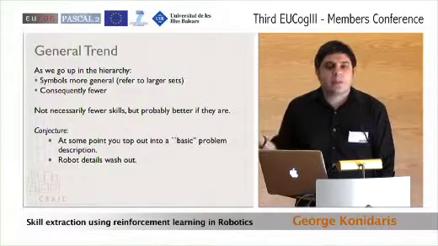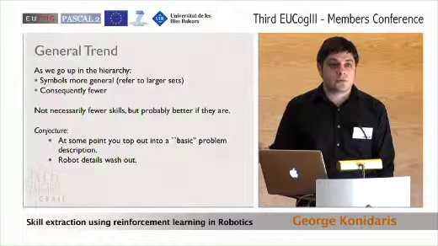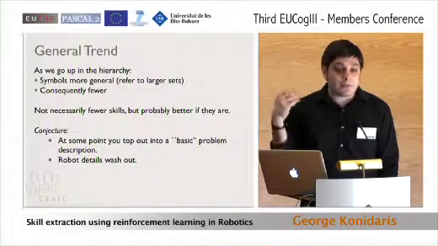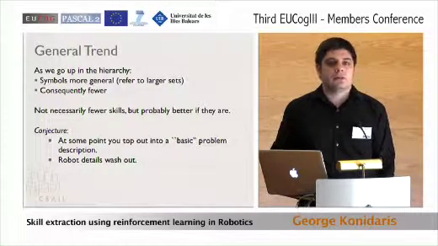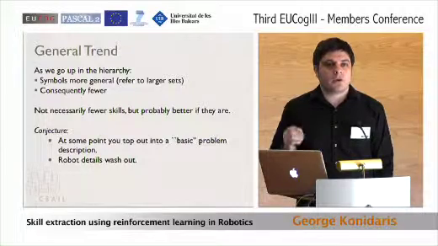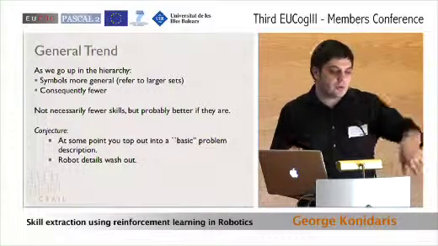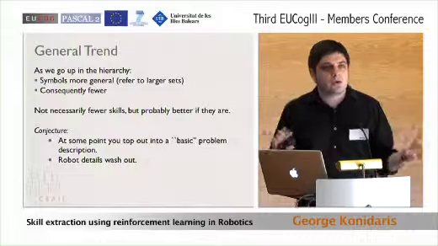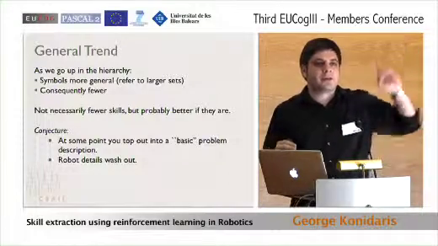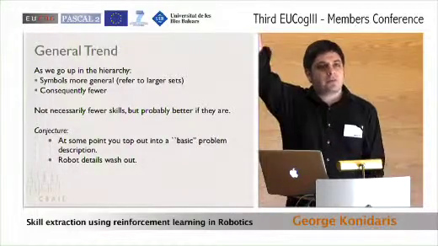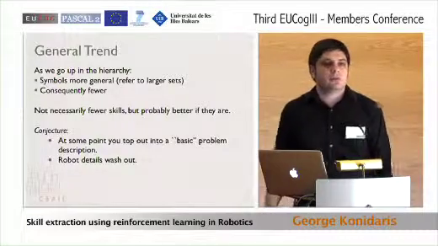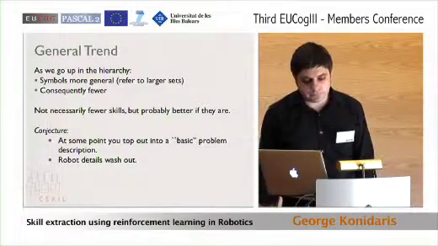And perhaps that might be what a logician would refer to as the correct description of the domain. And hopefully the robot details will wash out. They'll be at the bottom. They'll have to do with whether you can grasp and what you can reach and what you can't reach. And at the top will just be a nice, clean, logical description of this problem that we can solve at a top level and then ground down into acquired motor skills.